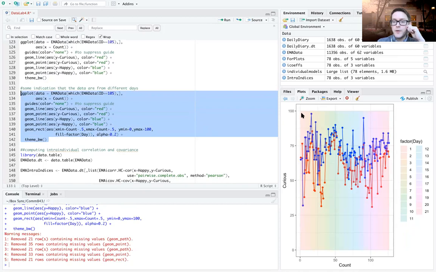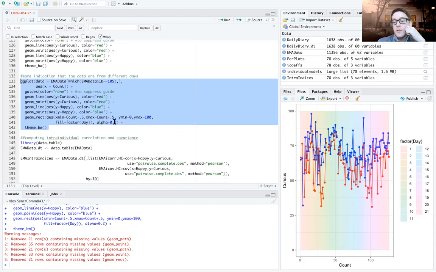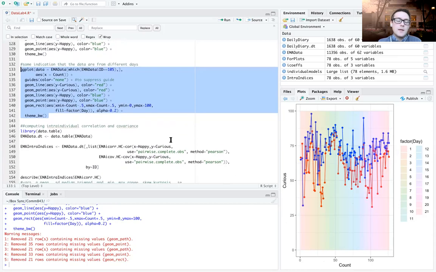You would probably want a sharper demarcation from one day to the next, but I think it looks nice. And I am now aware that these data are being collected on different days. Another thing that you could experiment with is whether instead of having a count variable here, you could have a time variable like minutes elapsed since the beginning of the study, for example. That could be kind of neat.